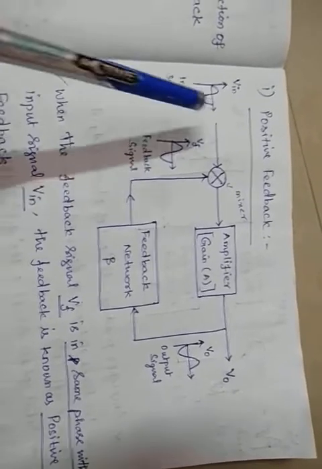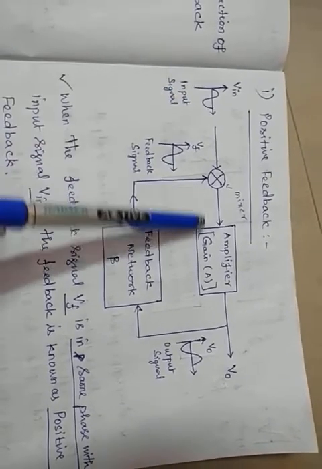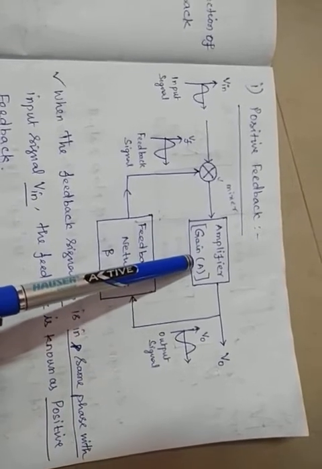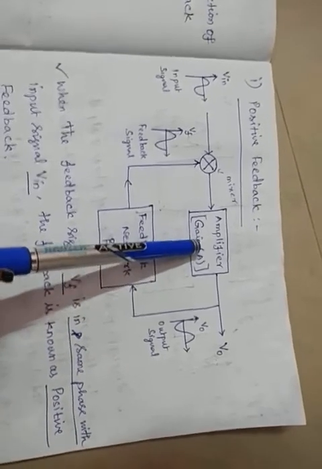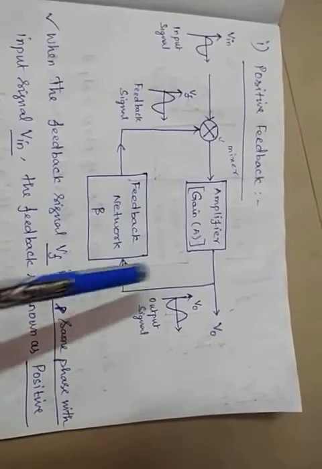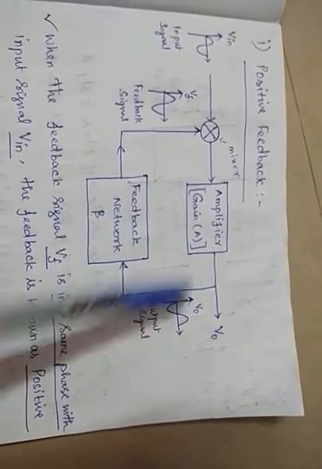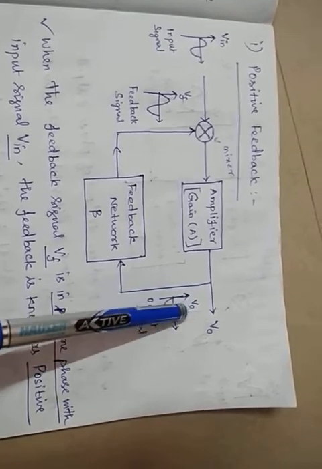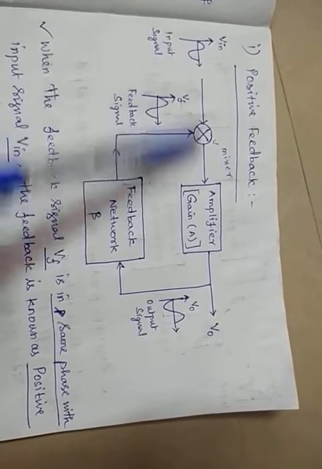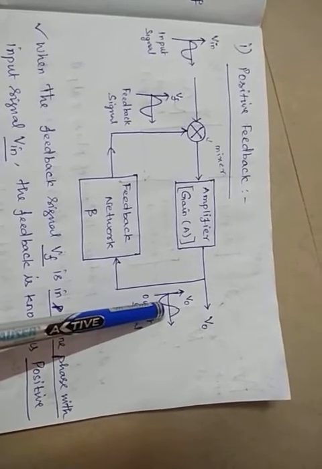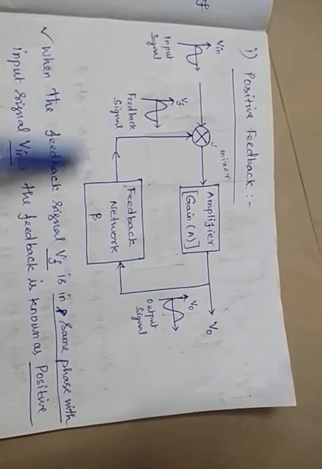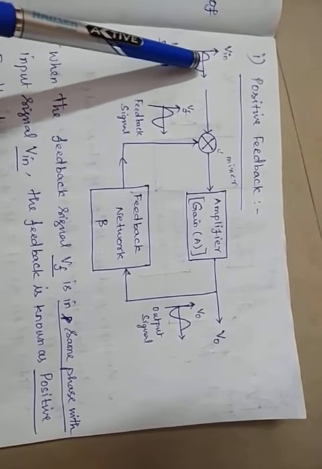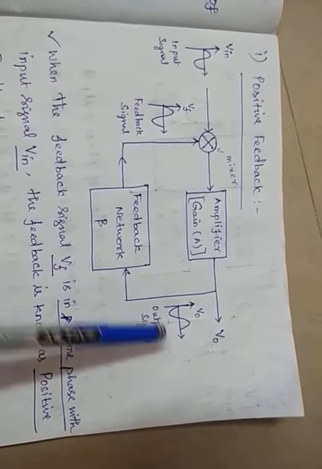The input voltage is applied to an amplifier. Suppose I am considering this amplifier to be a single stage amplifier. We already discussed the single stage amplifier: it produces an output 180 degrees out of phase compared with the input, right? So the output signal is 180 degrees out of phase with the input.